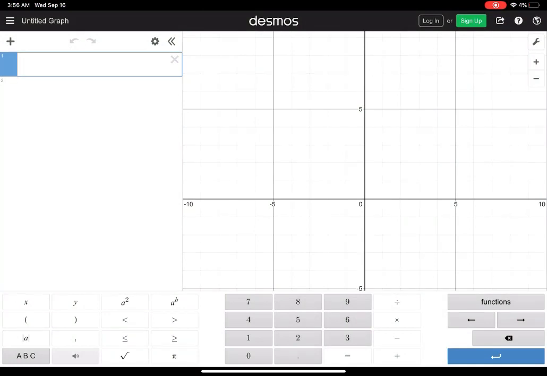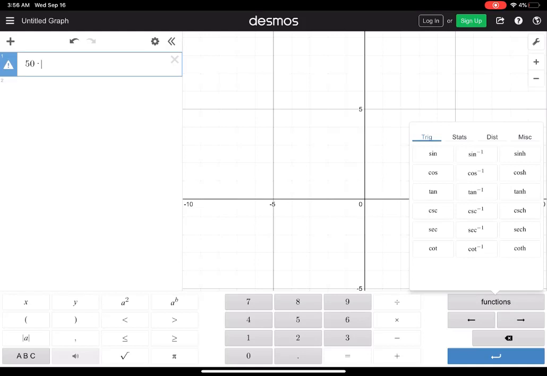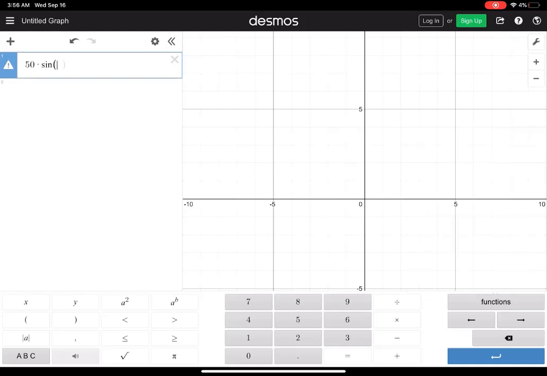The first thing I'll graph is the right side, so that's 50 times sine, and then a fraction, and this will be pi over 15. And then I'm going to subtract.